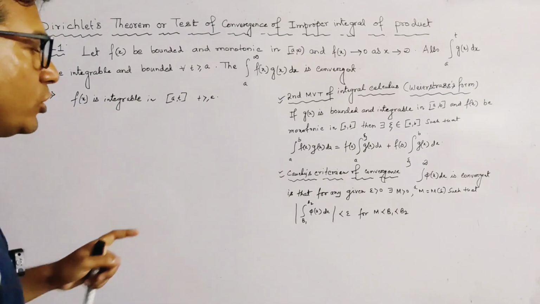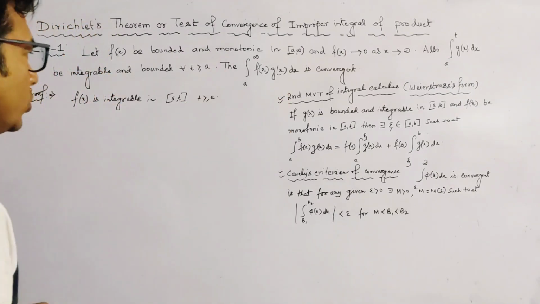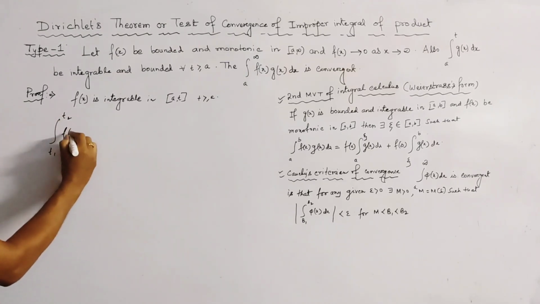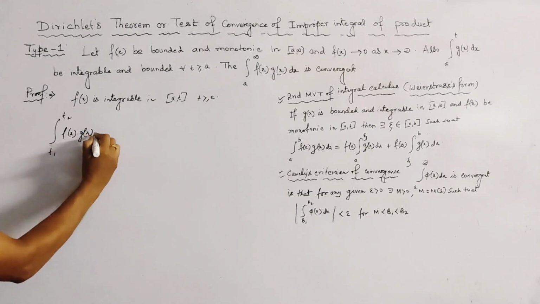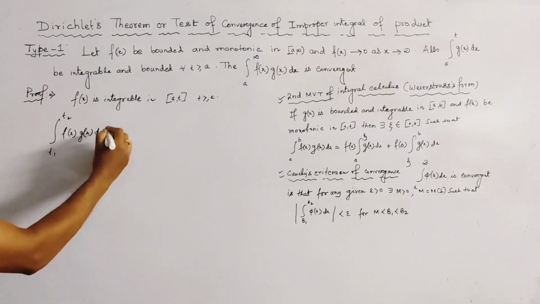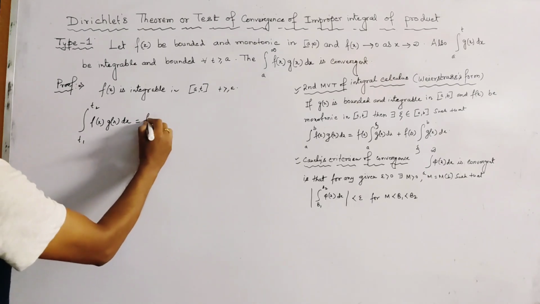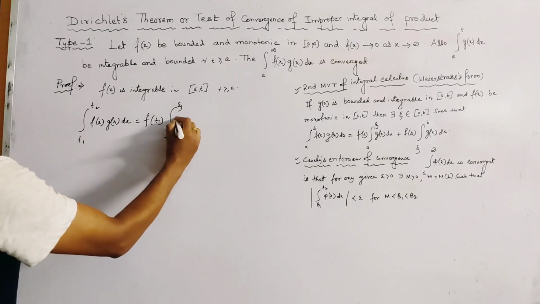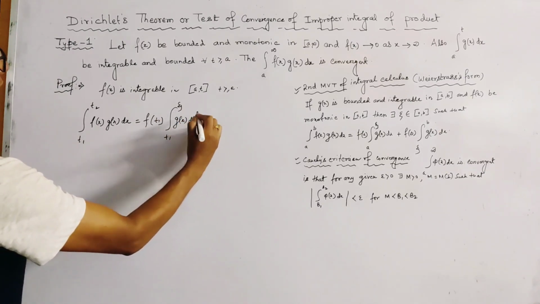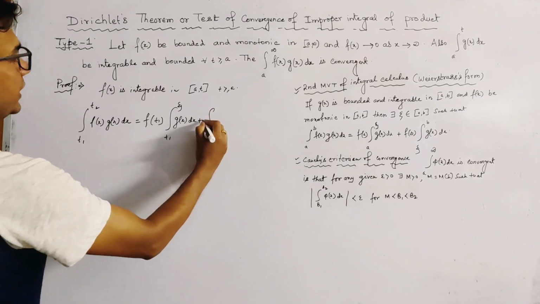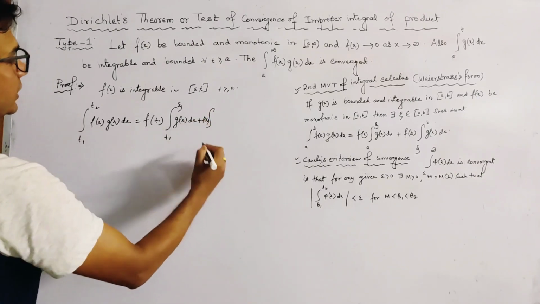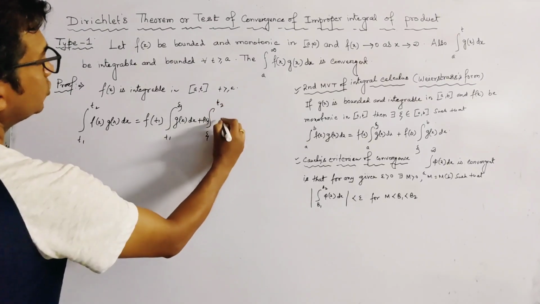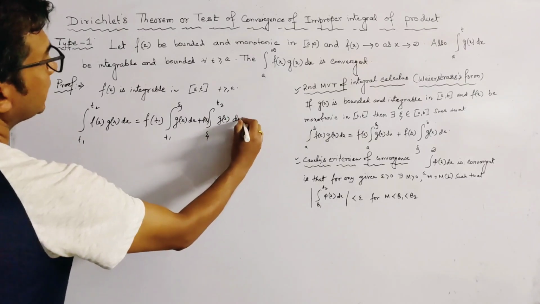So we use the second mean value theorem and get the result: integration t1 to t2 f(x) g(x) dx is equal to f(t1) times integration t1 to xi g(x) dx plus f(t2) times integration xi to t2 g(x) dx.